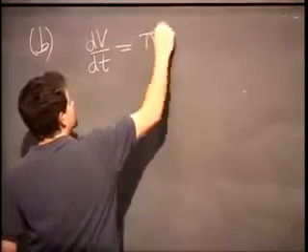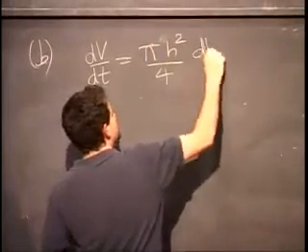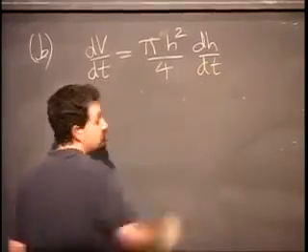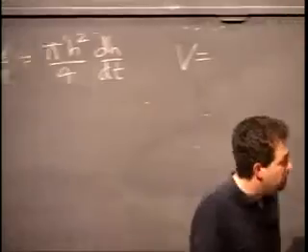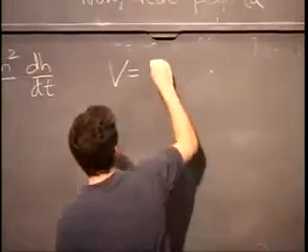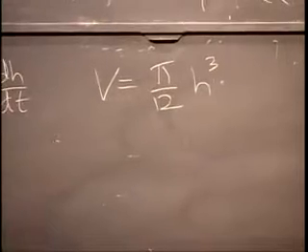Pi h squared over 4 dh/dt. That is still true. As is, of course, V equals pi over 12 h cubed. This is still true. This is still true. It's still a cone.